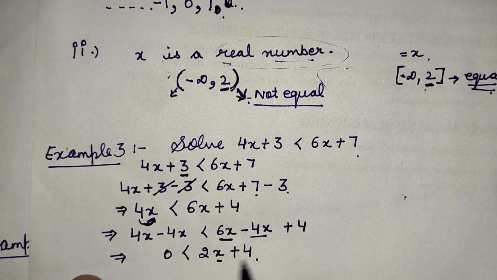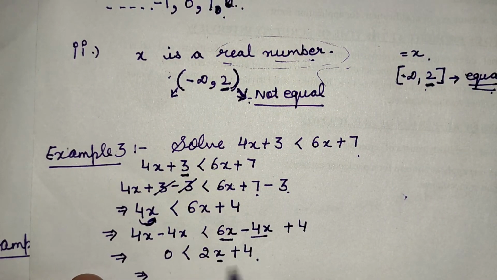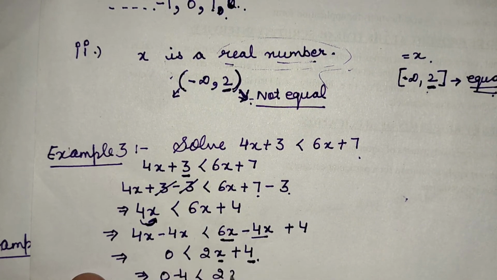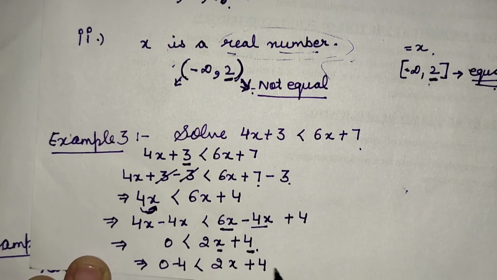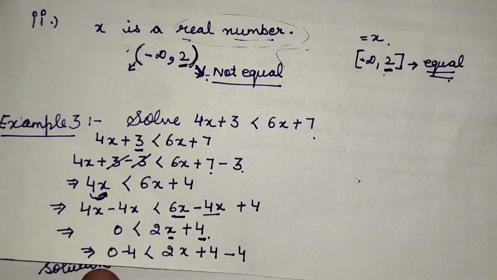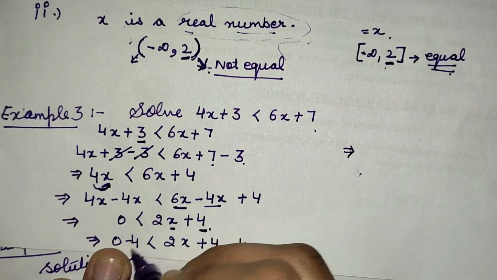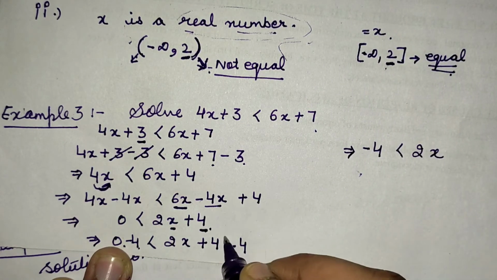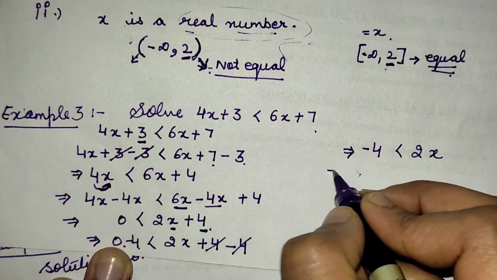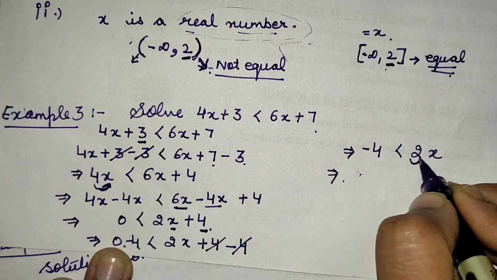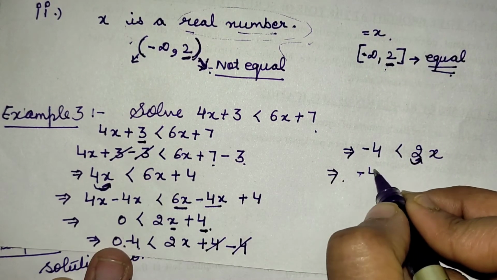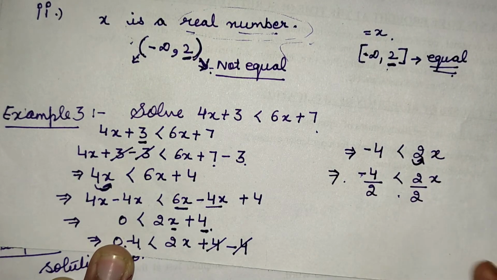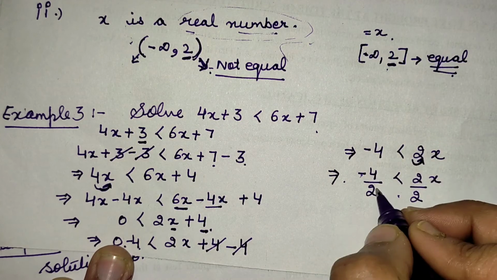Now if I want to find the value of x, what do I have to do? I have to first remove this 4, so it will be 2x plus 4 minus 4. I will get -4 is less than 2x. 4 and 4 will get cancelled out. Now I have to remove this 2, so I divide by 2 on both sides.